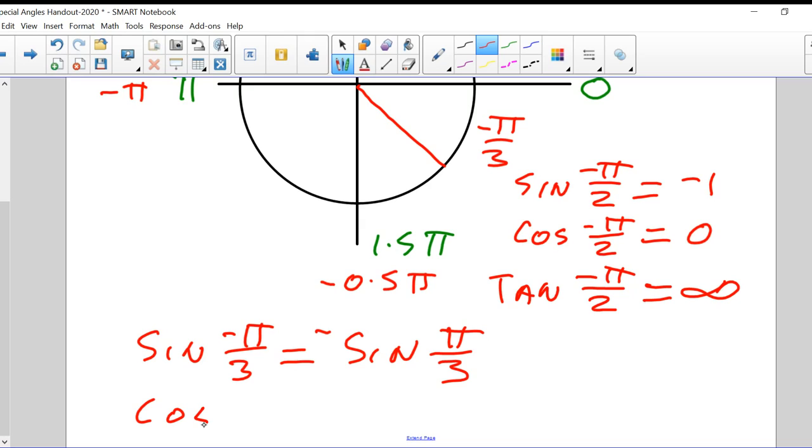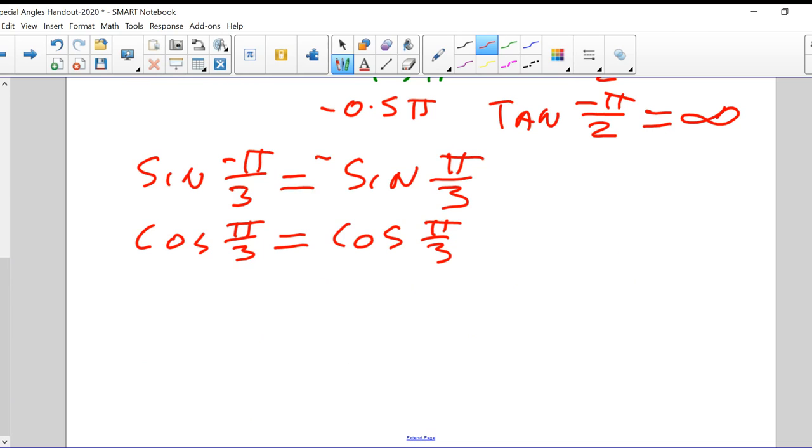The cosine of minus pi over 3 should be equal to the cosine of pi over 3, and it should be positive. Why? Because I'm in the fourth quadrant. The tangent of minus pi over 3 should be the same thing as the tangent of pi over 3, but should be negative because of the quadrant I'm in, the fourth quadrant.